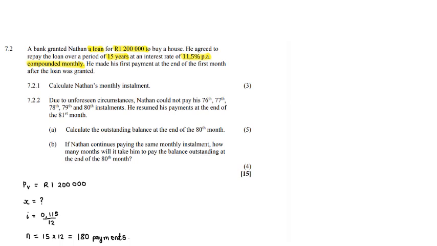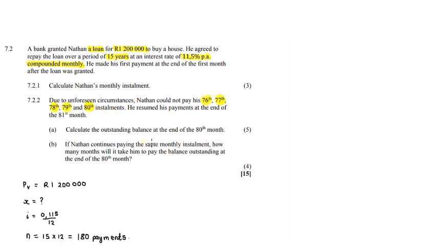So then after that, question 7.2.2, again we see that due to some unforeseen circumstances, Nathan couldn't pay his 76th, 77th, 78th, 79th, and 80th installments.